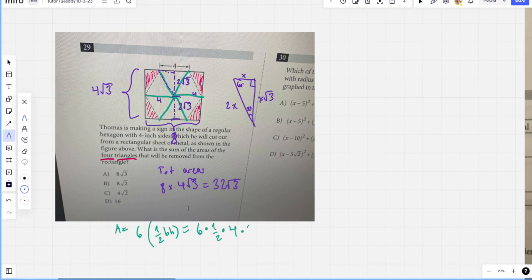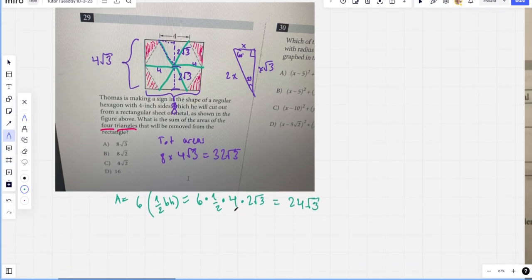The height of it was 2 root 3. So that's 24 root 3. This is the area of the hexagon. So the shaded area is just the difference between those two. It's 32 root 3 minus 24 root 3. That's going to be 8 root 3, which is A.